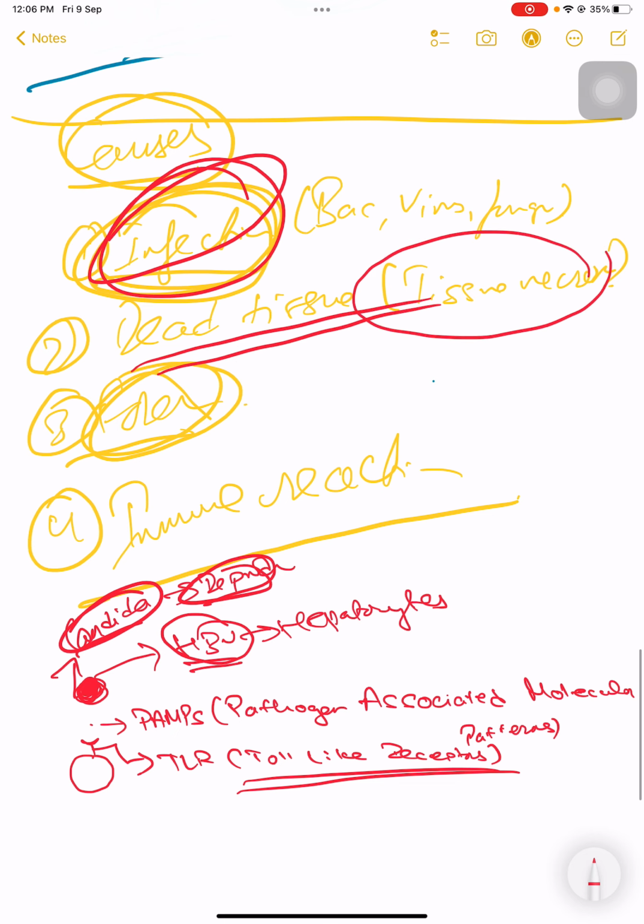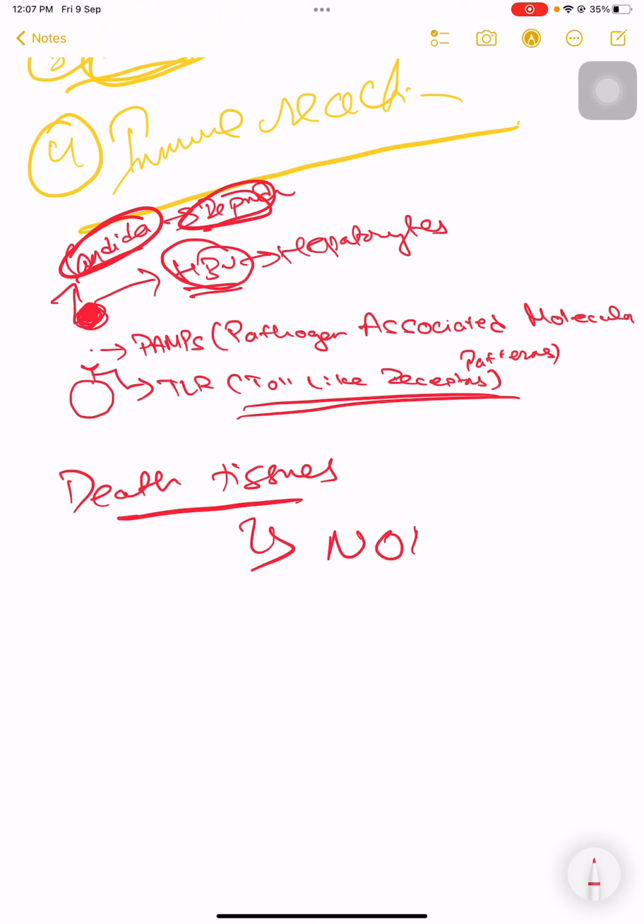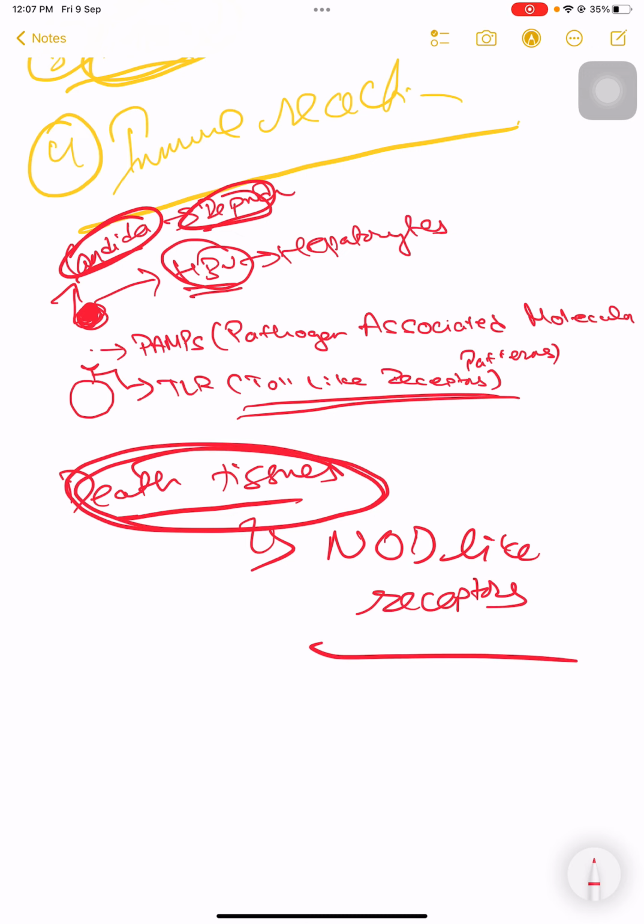Now, dead tissue or tissue debris is not detected by the Toll-like receptors. Rather, the dead tissues are detected by a special type of receptors, which are known as the NOD-like receptors, that detect the tissue debris.